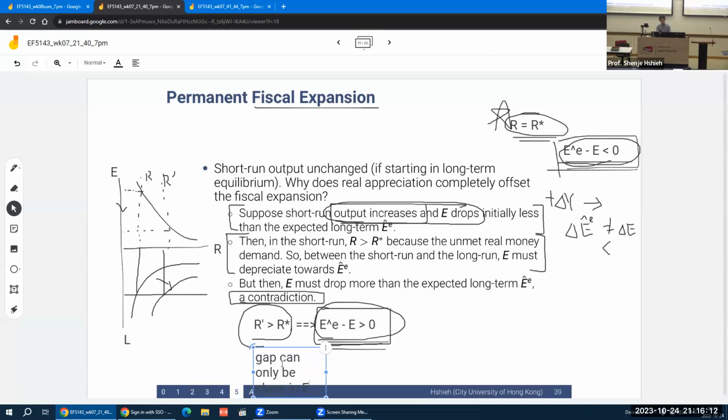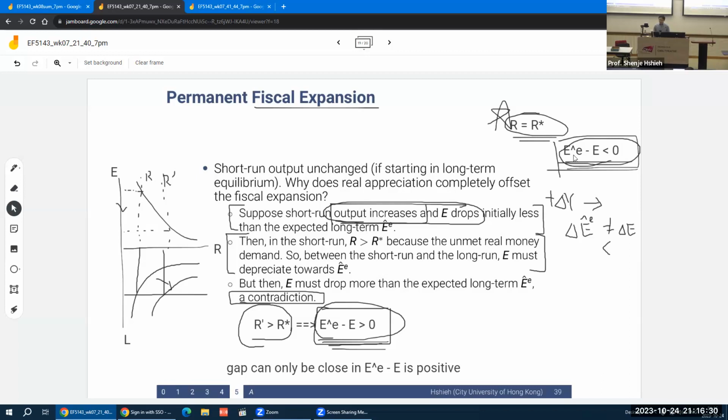So long as there is a gap, carry traders come in and they'll keep doing this until E hat E minus E is positive, right?